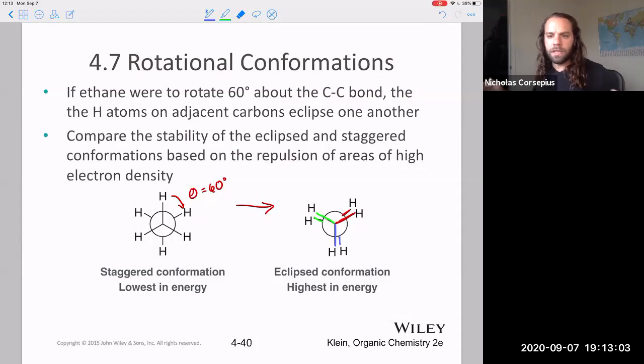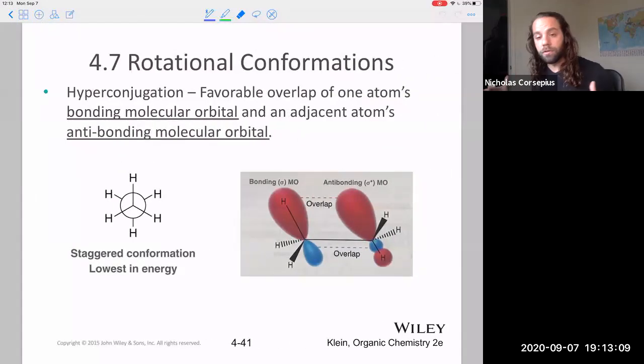In general, things in chemistry like to be as far apart as possible. That's the whole VSEPR theory. It actually turns out that there's another really important factor that leads to the stability of the staggered conformation. That explanation was all well and good for scientists, except for things like hydrogen, which are quite small. So it made sense for bulky groups that don't want to run into each other through steric effects.